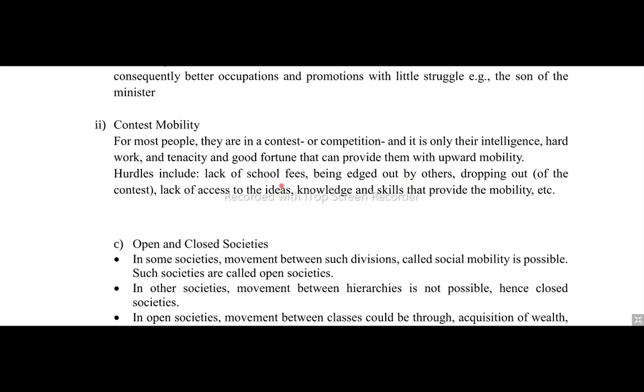Hurdles include lack of school fees, being edged out by others, dropping out of the contest, lack of access to ideas, knowledge and skills that provide the mobility. So when you talk of contest mobility, you have to work hard to perform. For you to remove your family from the lower class to middle class, you have to work very hard.